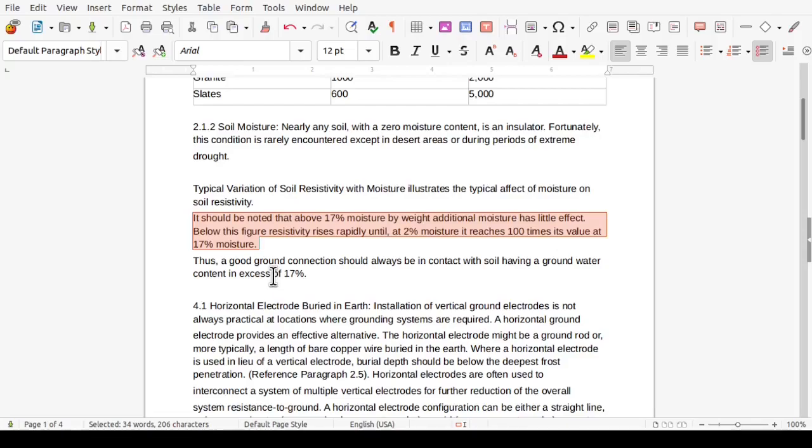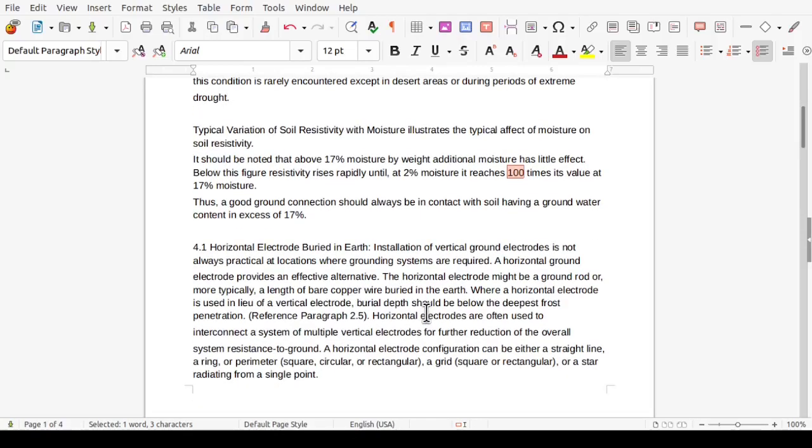So that is a nonlinear relationship there, where we go 2 orders of magnitude in just 1 order of magnitude change, which is we go from 2% moisture to, well, call it 20% moisture. That's a factor of 10, but the resistance changes by 100. So this is a very nonlinear curve.